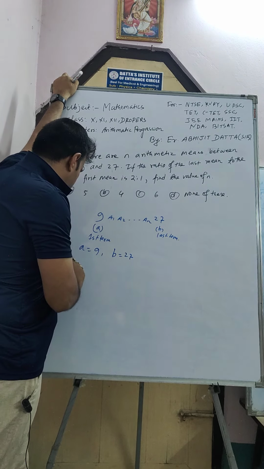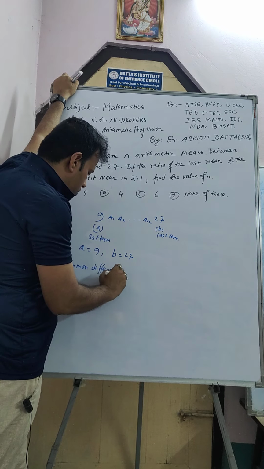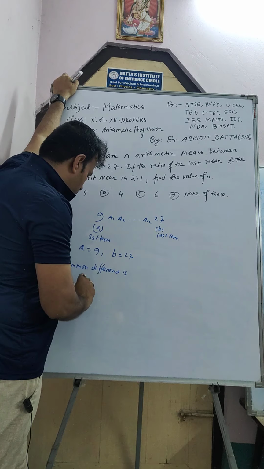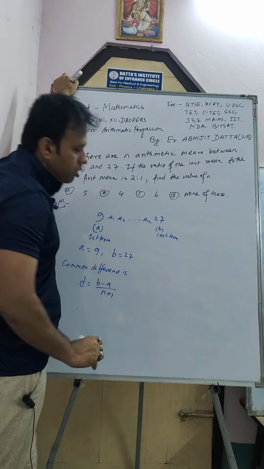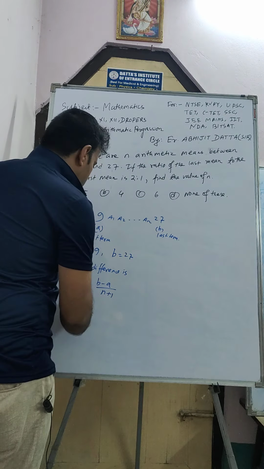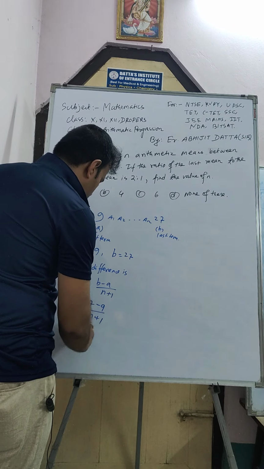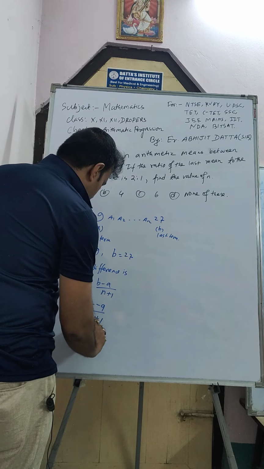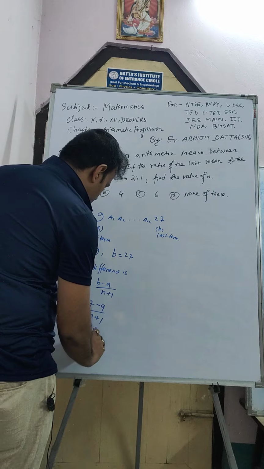So the common difference is d equal to (b minus a) by (n plus 1). This is the formula. We already know this one. So 27 minus 9 by n plus 1, that is 18 by n plus 1.